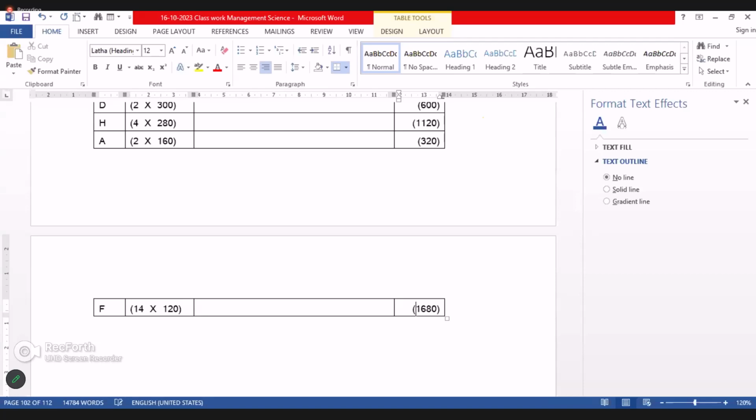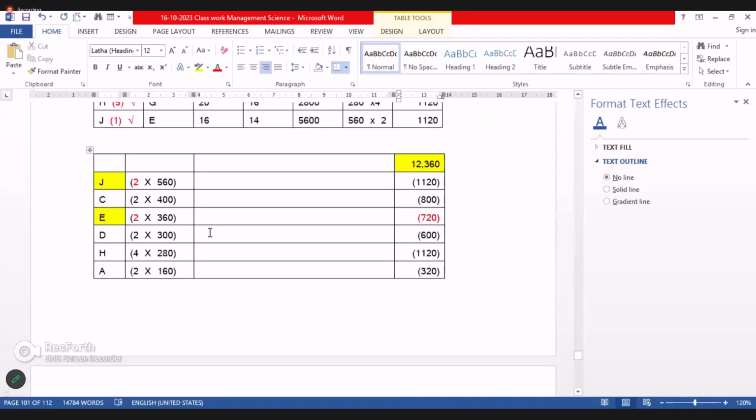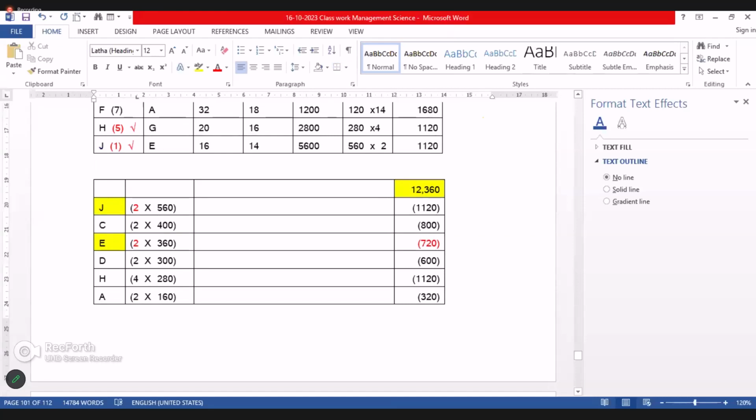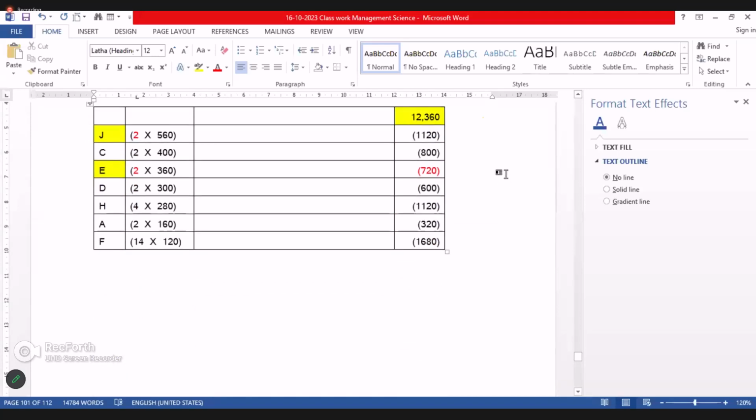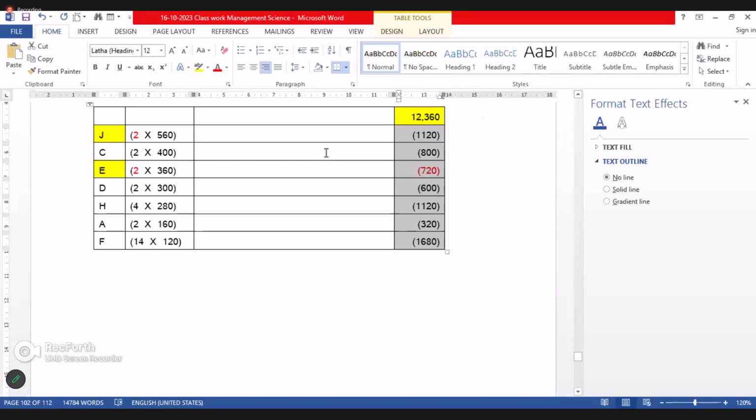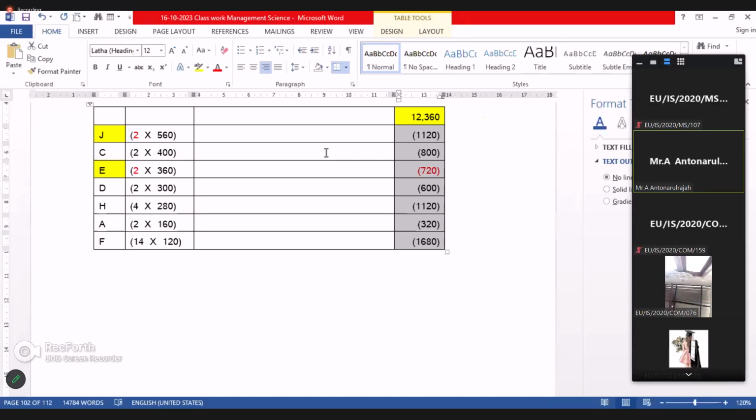So what is the total amount now? Anybody can you say about it? Total amount? These reductions, all these reductions. 1,120, 800, 120, 600, 120, 820, plus 1,600.